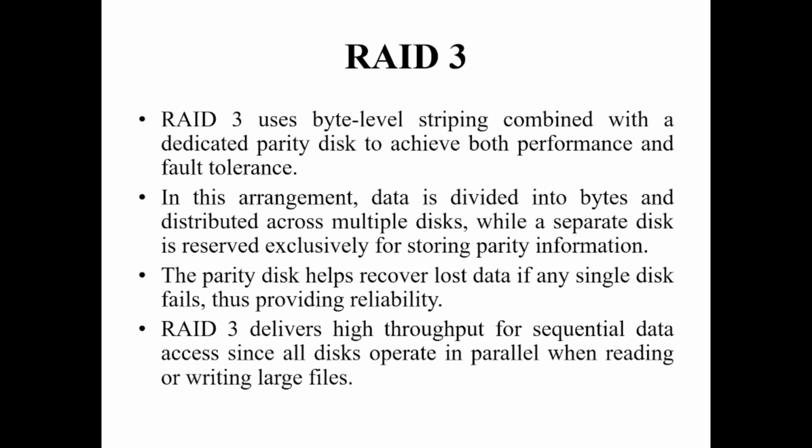How it works: suppose you have three disks D1, D2 and D3. D1 is the data's first part, D2 is the data's second part, and D3, disk 3, is the parity disk. If one disk fails, the data can be recovered using parity.